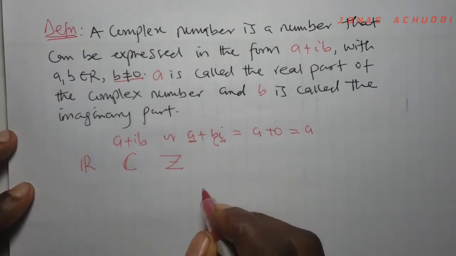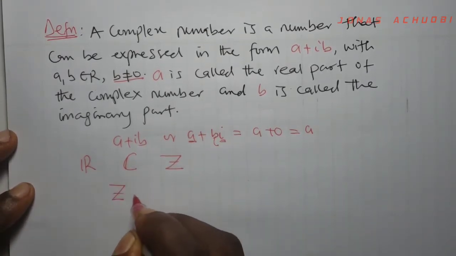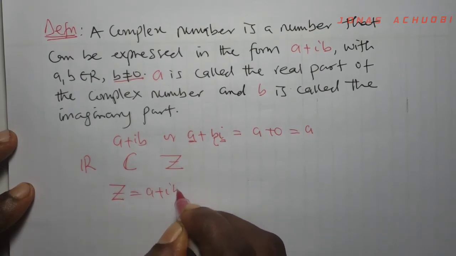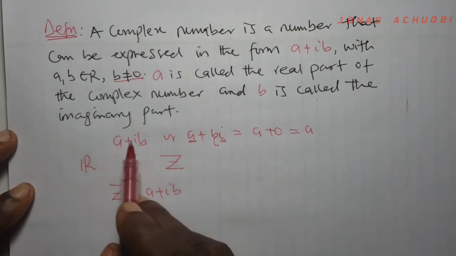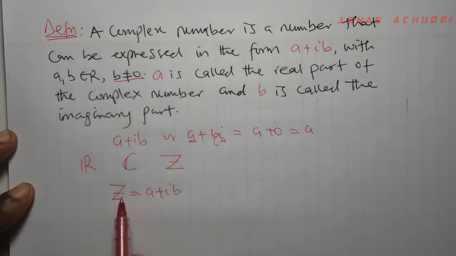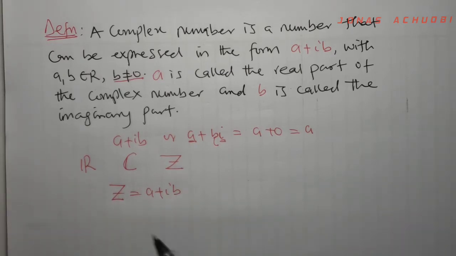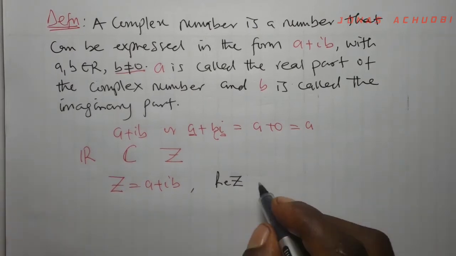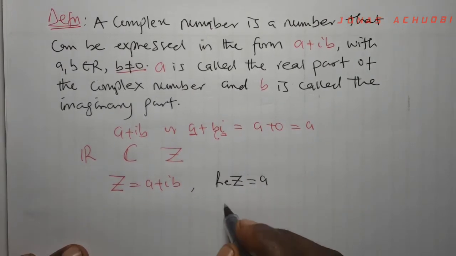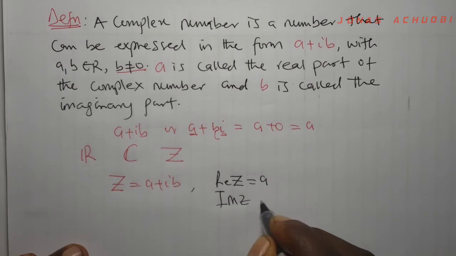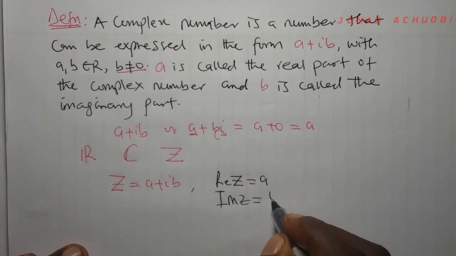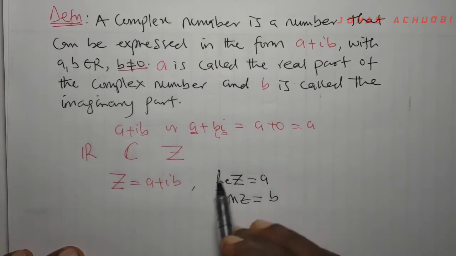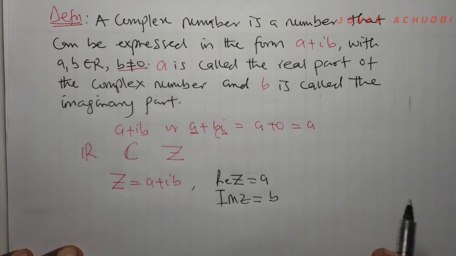So we are now saying that I can write Z equal to A plus iB, being the complex number A plus iB. So Z is a complex number, A plus iB, where A is the real part of the complex number, which I'm going to write as Re(Z) is equal to A, and the imaginary part Im(Z) of the complex number Z is equal to B. So these are the notations we shall be making use of going forward.